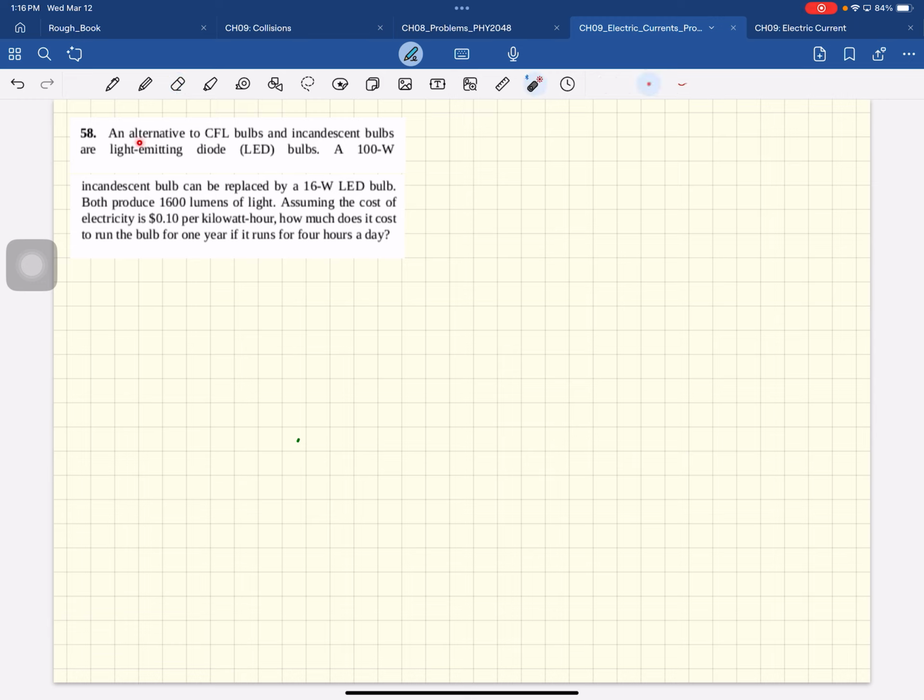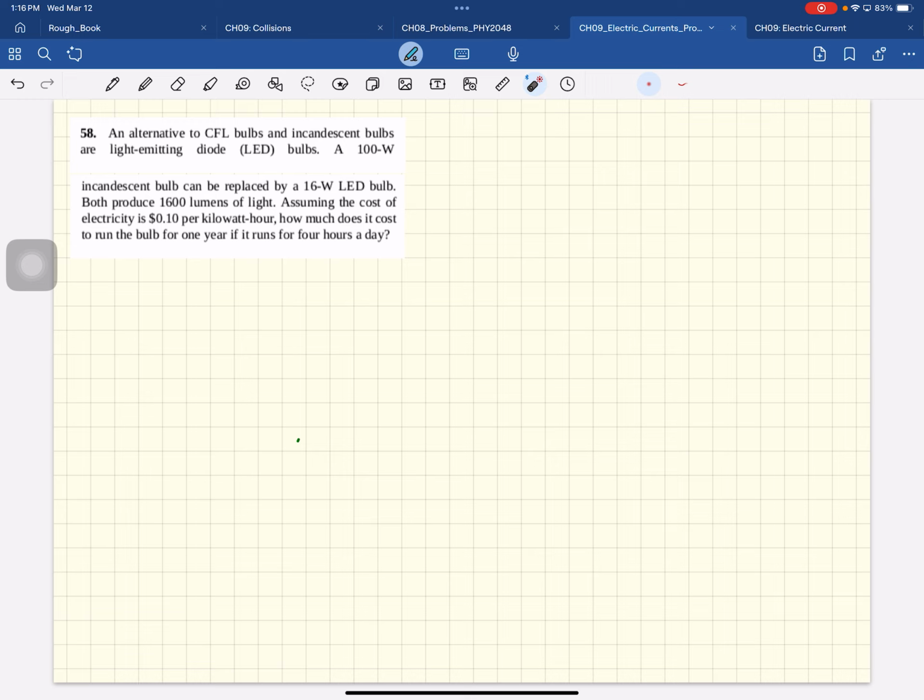So alternate to CFL bulbs and incandescent bulbs. So, well, these are CFL, compact fluorescent light bulbs. These are fluorescent light bulbs. The incandescent are those yellow ones.